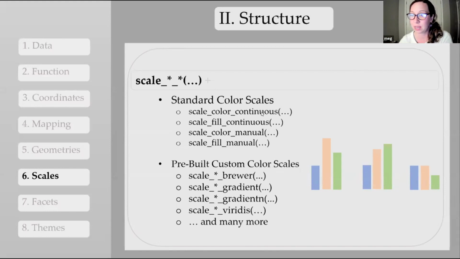If you're trying to set an argument on continuous data with a manual argument, it's not going to run, and your color is not going to work, and you're going to wonder what's going on with your colors. So this is where you can specify your own palette of colors, but as we've said before, there's also a wide range of pre-built ones, one of which is brewer, and there you can use scale fill brewer or scale color brewer.